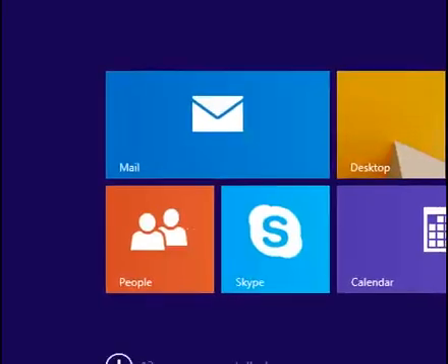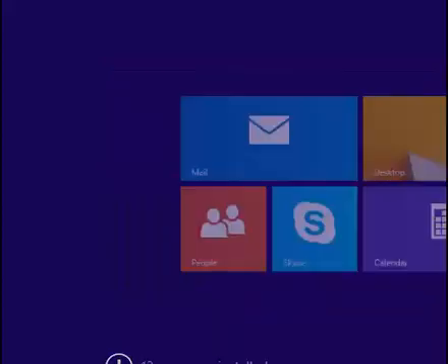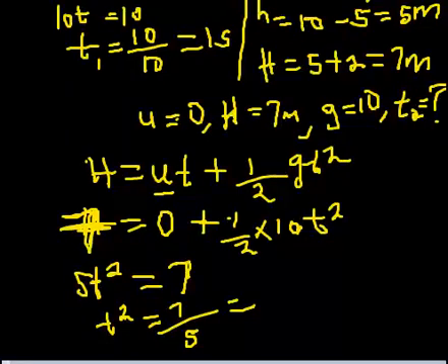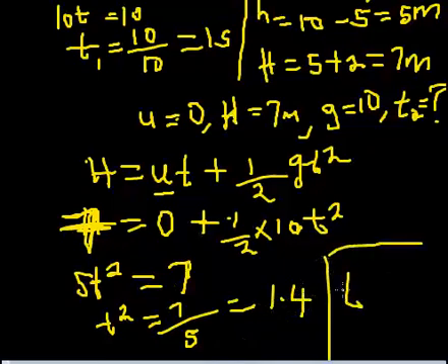So let's get a calculator. There you go. So 7 all over 5, we need to find the square root. 7 divided by 5 is 1.4. So t now becomes the square root of 1.4.